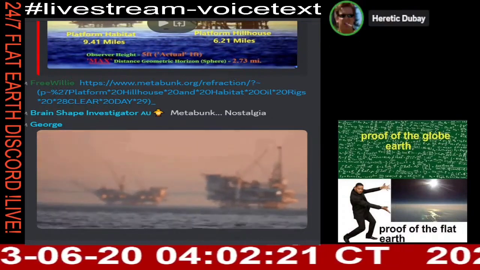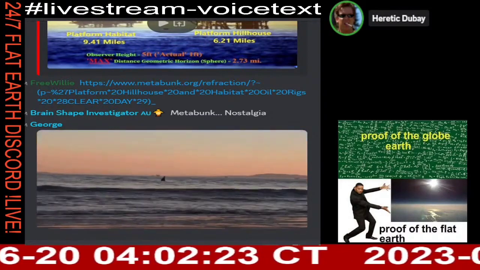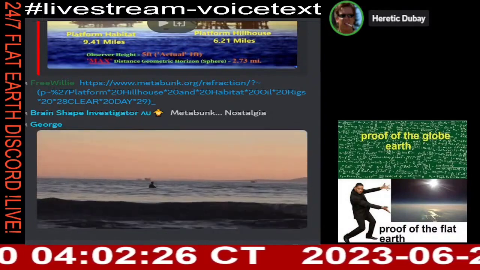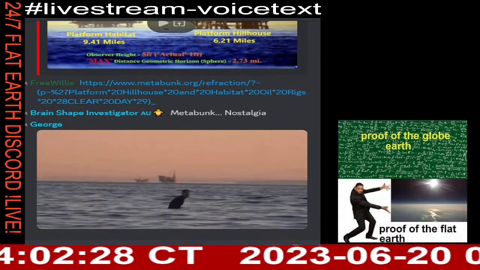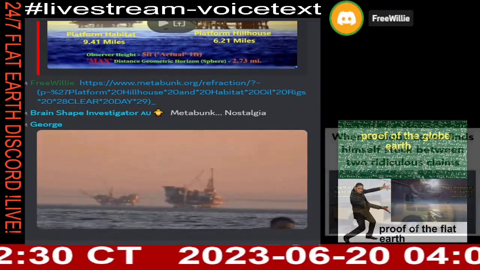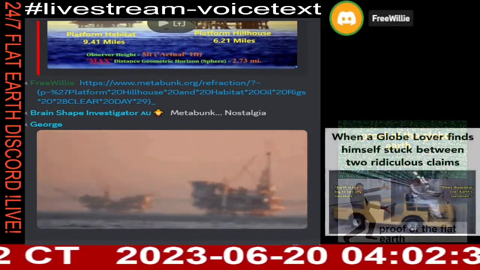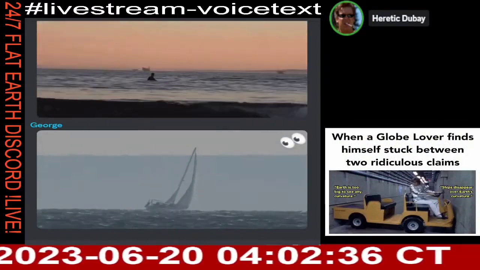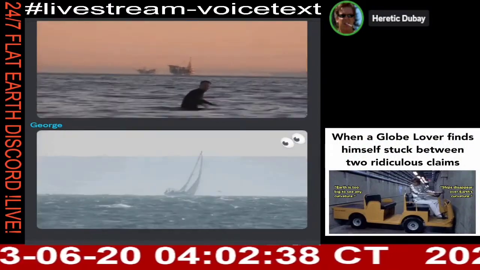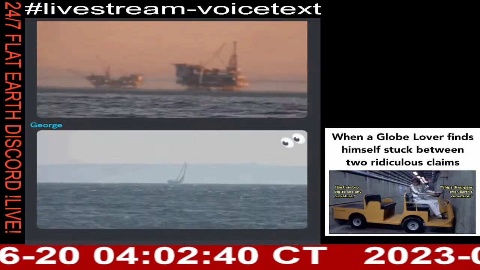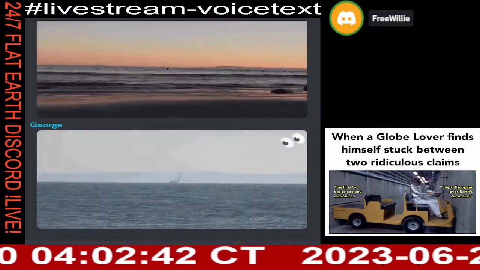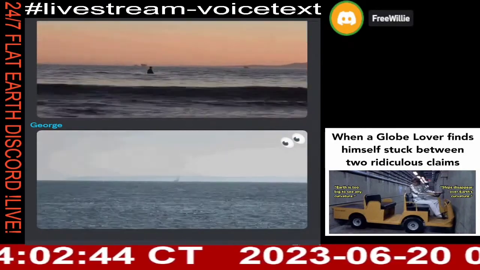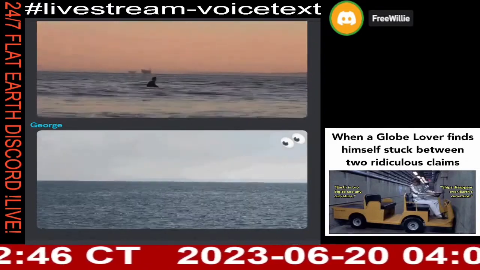So you must know that there is a sphere in existence in the first place that has been shown to be able to look like that. I must know that there is refractive effects. That's all I must know. Well, refractive effects, sure, but what about the thing that you say refractive effects are being applied to? I don't have to prove that exists first in order to say both these things can be true.